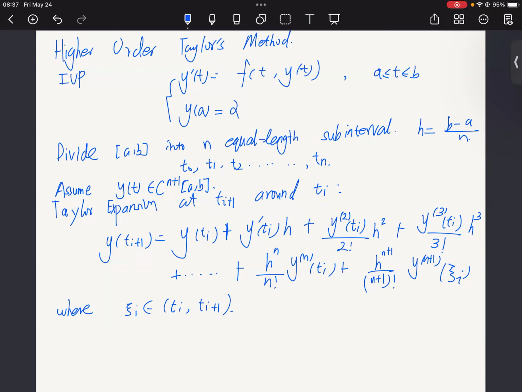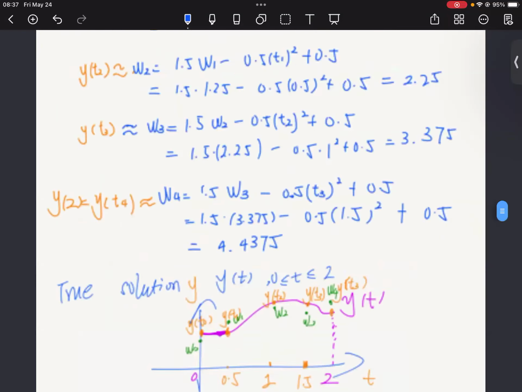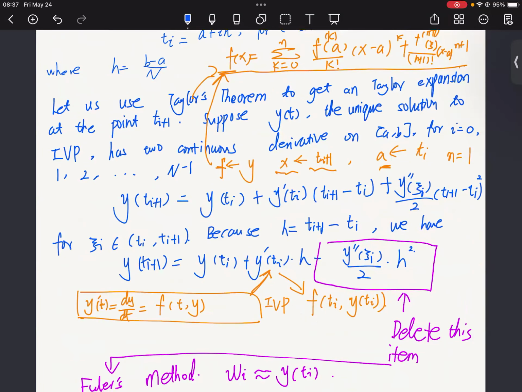So let's go back and take a look at Euler's method. In Euler's method we do something similar, but this is the Taylor expansion with the first item, whereas now we have n items, and this is the error item, which we just drop.